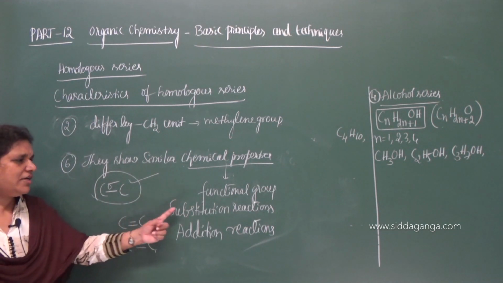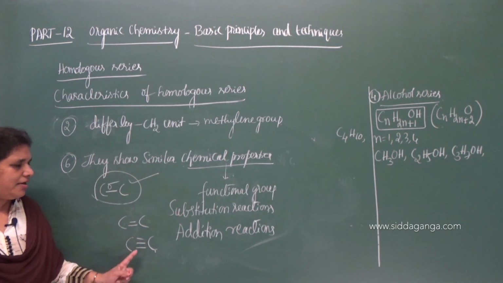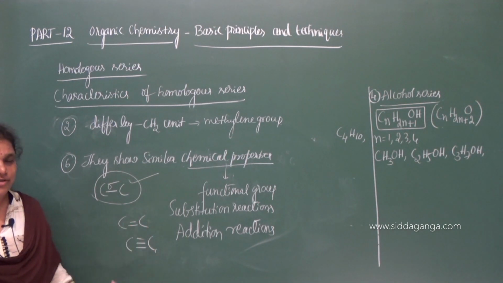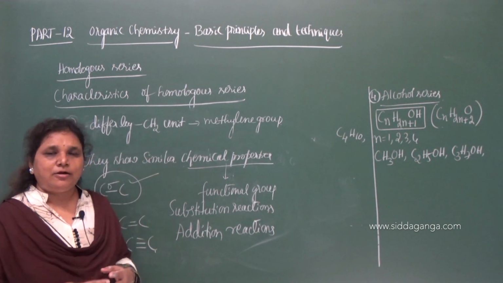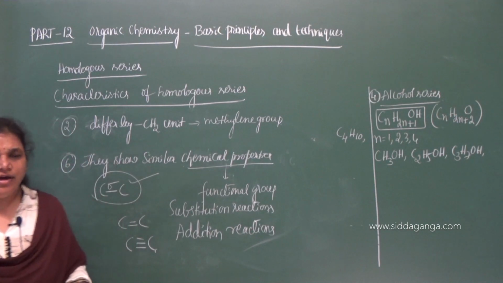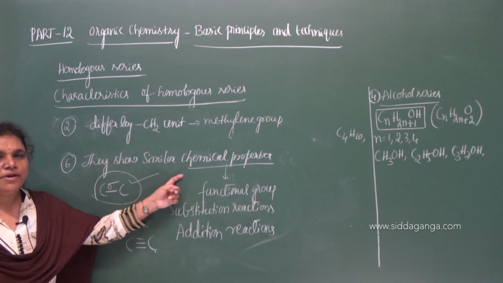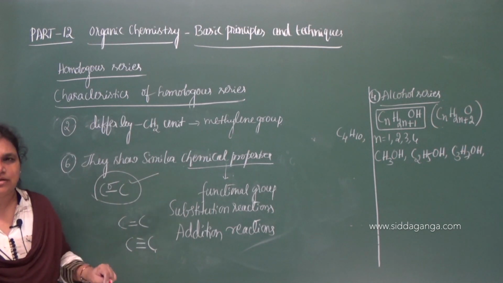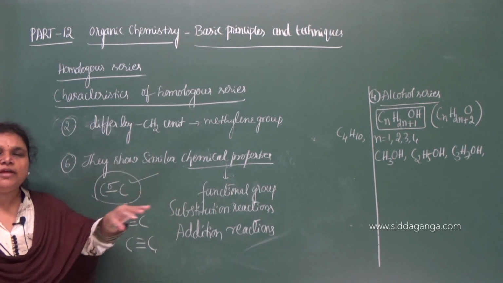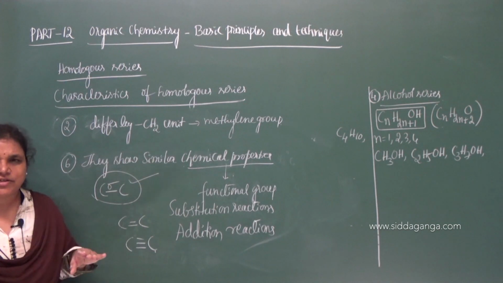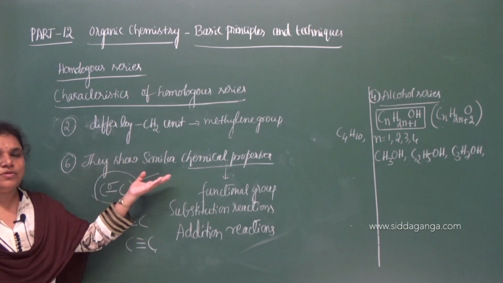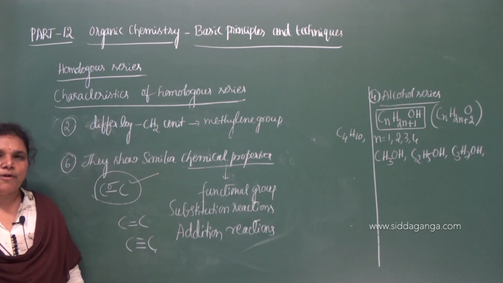A single bond gives substitution, a double or triple bond gives addition reactions. So the functional groups are responsible for the chemical properties of the members present in a homologous series. As every member contains the same functional group, definitely they show similar chemical properties.